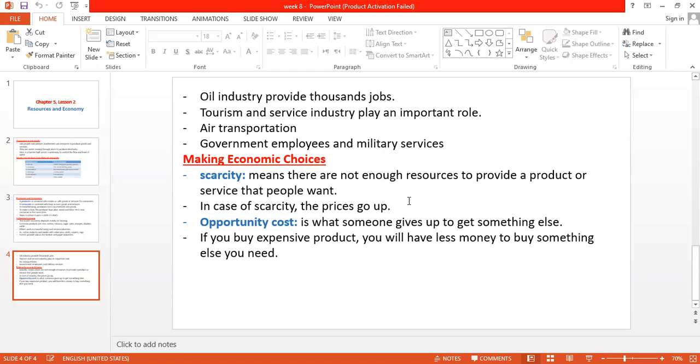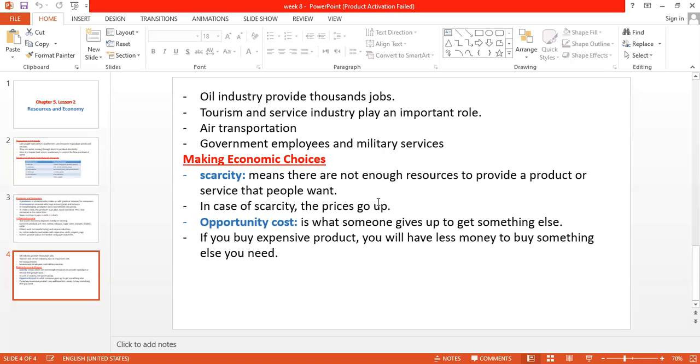To have a car in any European country and to charge your car with petrol is a very expensive matter. So not all people in America and in European countries have cars. Why? Because cars need petrol and petrol there is very expensive. So if your country has scarcity in something, it means that the price of this resource is very expensive.